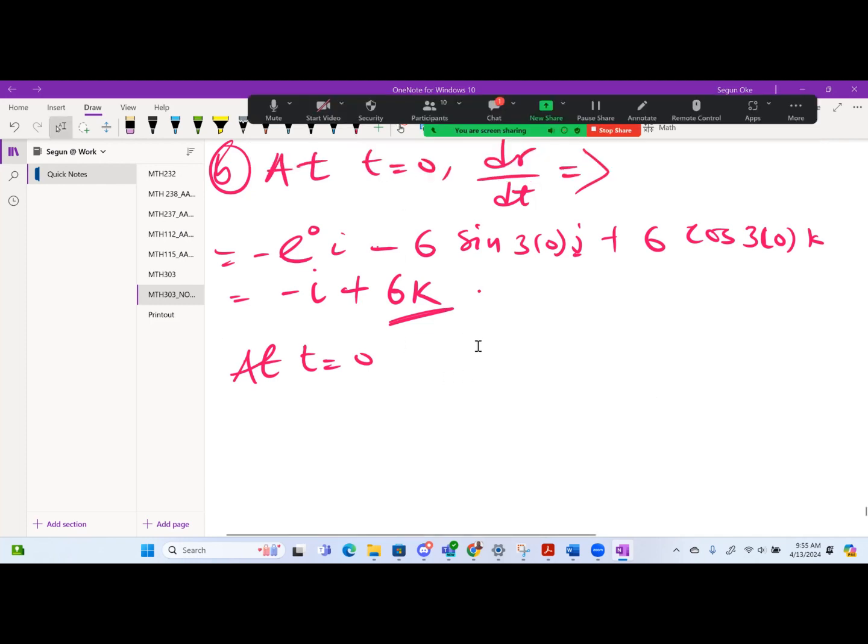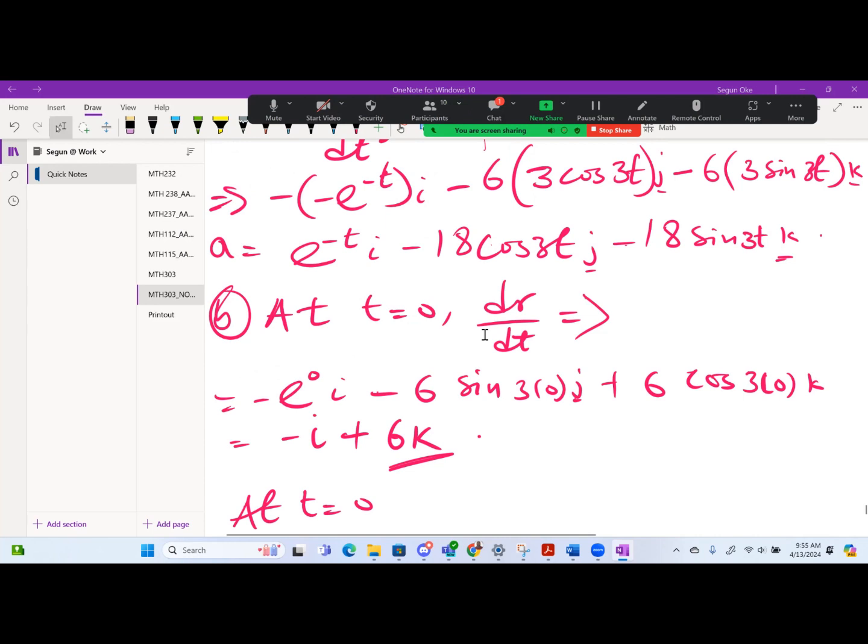Sine 0, just punch your calculator, will give you 0. 0 multiplied by 6j will be 0. That's why j is absent here. But cos 0 is 1. 1 multiplied by 6, 6k. So that's why we have 6k here. Have I answered your question?